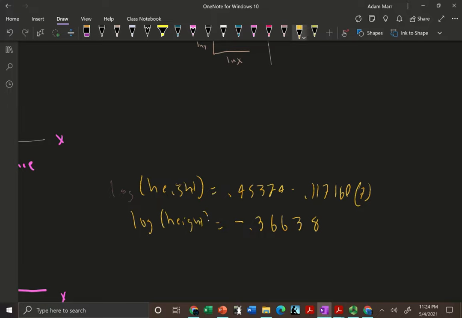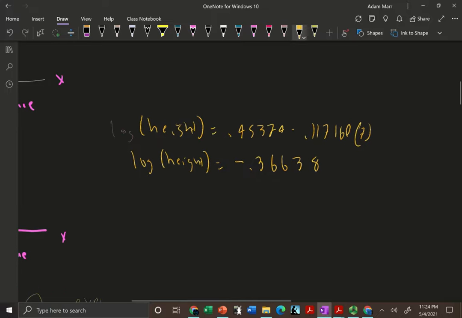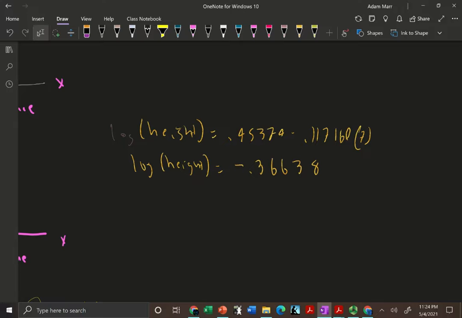Now this is just a good old-fashioned logarithm equation. Remember, log means base 10. So this is saying 10 to the negative 0.36638 equals height.